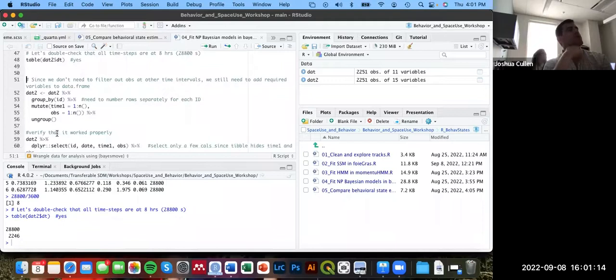And now, normally you would need to potentially filter your data set and shift times around if it's not at a perfectly regular time interval. But for this example that we're working through, let's assume that you already pre-processed your data with the state space model and everything's at the same time interval. You don't need to use these filtering functions that are in this package, but the model does require 2 columns called time1 and obs. And this is just labeling each of the rows.